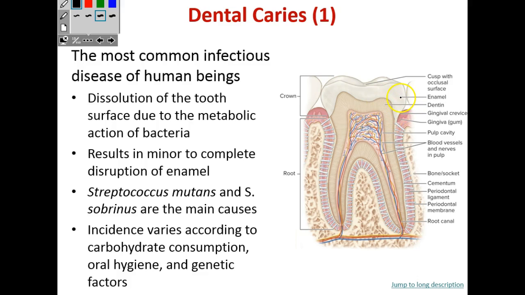Dentin. After your enamel, dentin. Gingival crevice. This is where bacteria get down in between your tooth and the gum right next to it. Gingiva is the gum. We have a pulp cavity, blood vessels and nerves, bone socket.